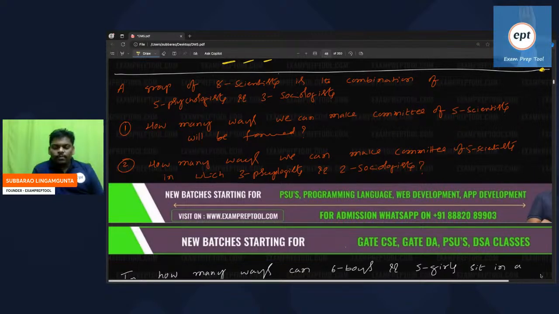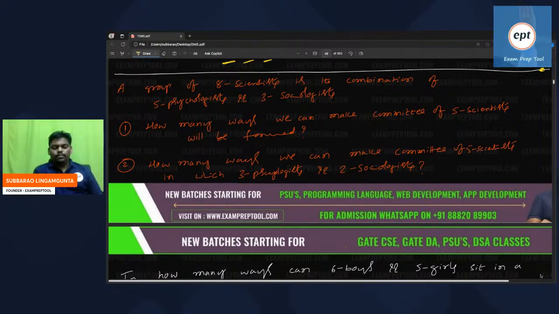This is another problem. A group of 8 scientists is the combination of 5 psychologists and 3 sociologists. Question number 1 asks: how many ways can we form a committee of 5 scientists?